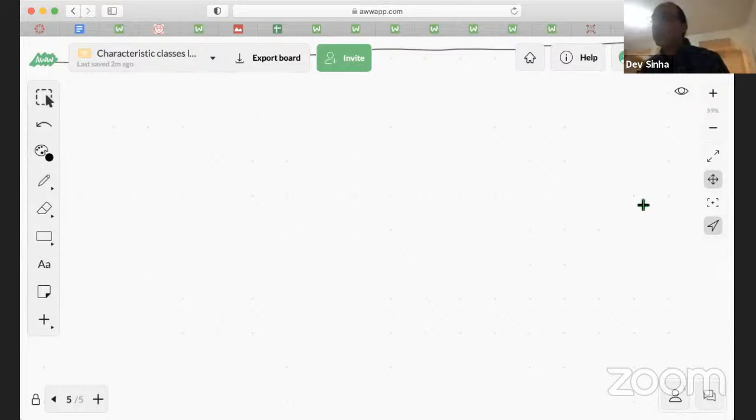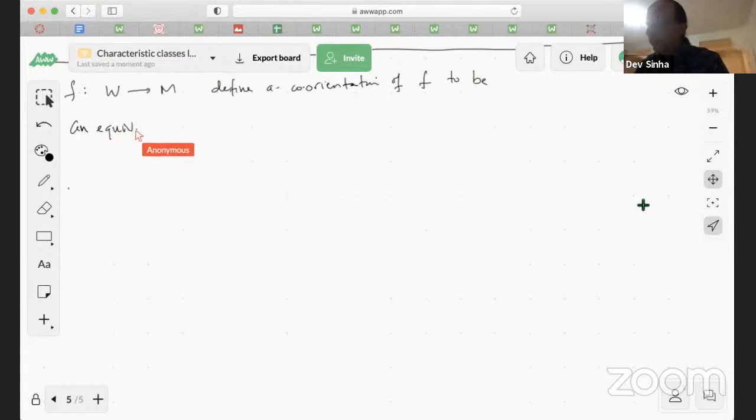And so what we're going to do is, for F, a map from W to M, we define a co-orientation of F to be an equivalence class of factorization.